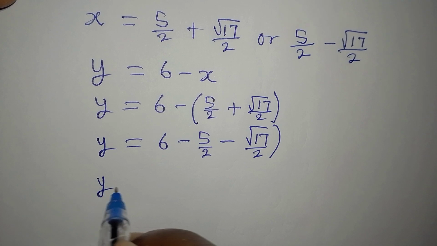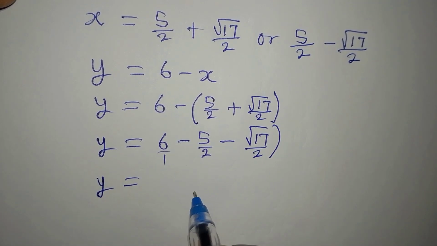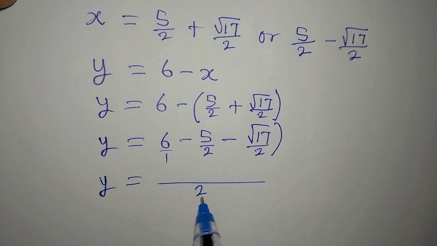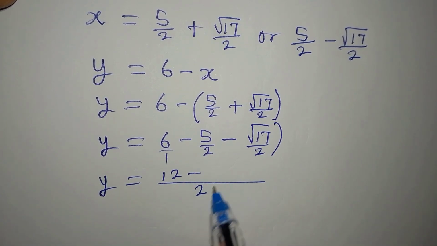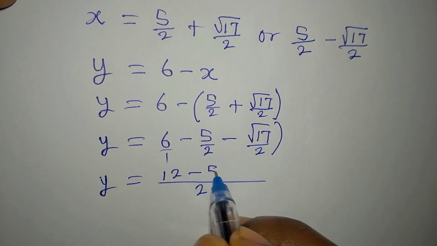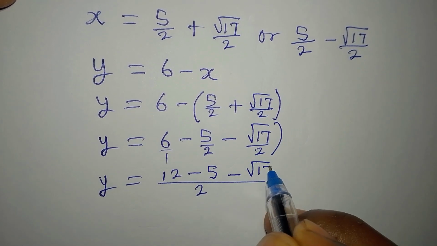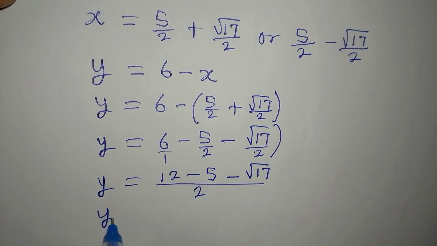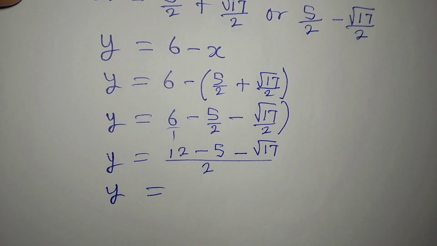So y will be, the LCM, this is over 1, the LCM is 2. Then 6, 2 times 6 is 12, minus 2 divided by 2 is 1 times 5, we have 5. Then we have minus root 17. So our y is equal to, 12 minus 5 will give us 7.